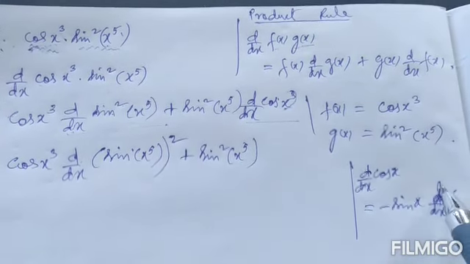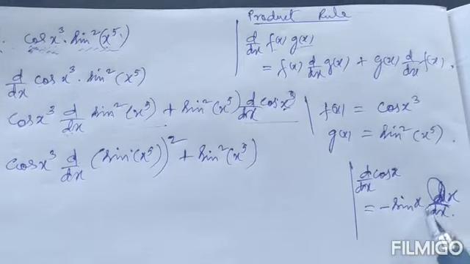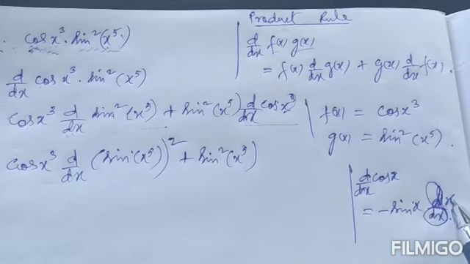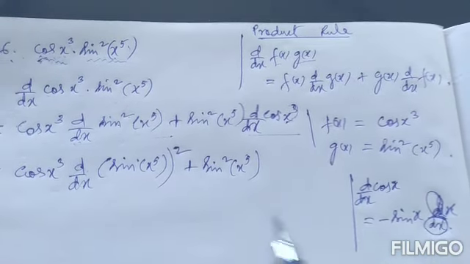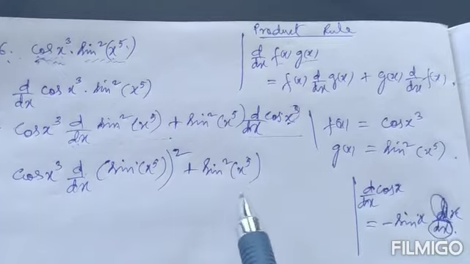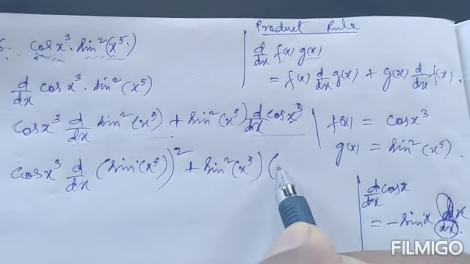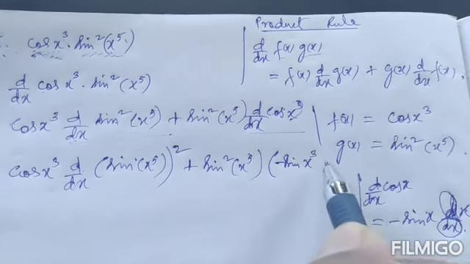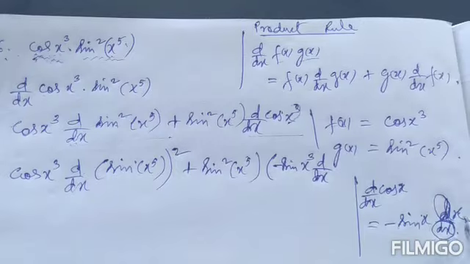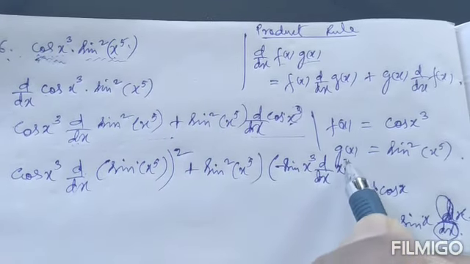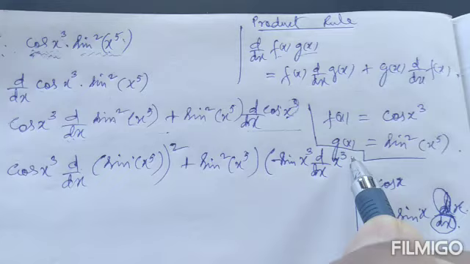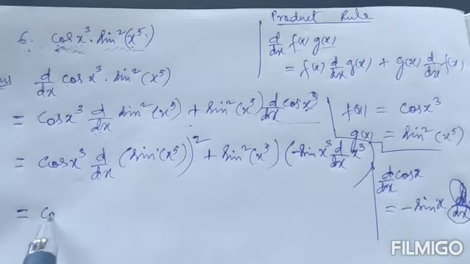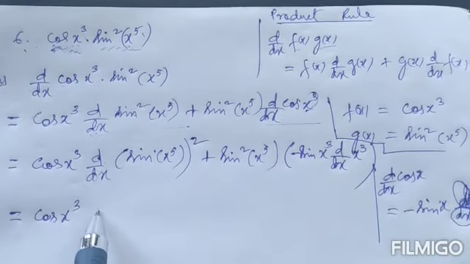As I've said earlier, d will always remain constant, dx below will always remain constant. In place of x, x cube will come. In place of this x again, x cube will come. That means I'll have minus sin of x cube and then d by dx of, in place of x again, x cube, so in the next line, cos of x cube.